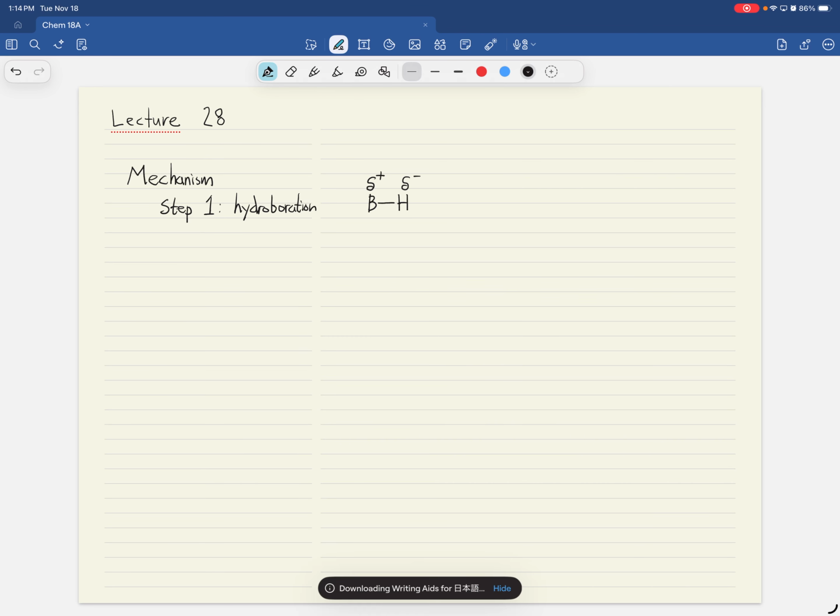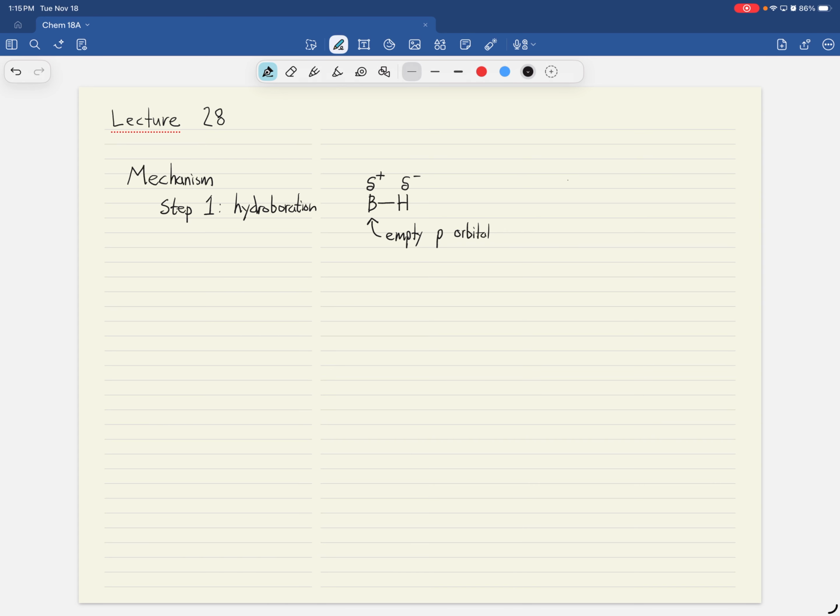Boron doesn't like electrons too much, so here we have an empty p orbital. Remember that when we drew Lewis structures, boron was an exception to the octet rule.